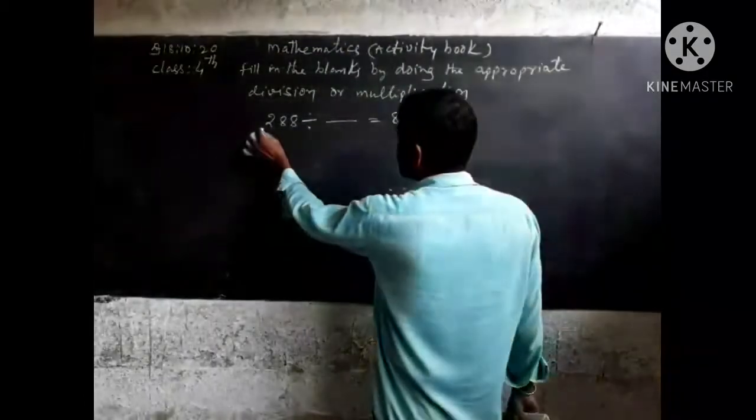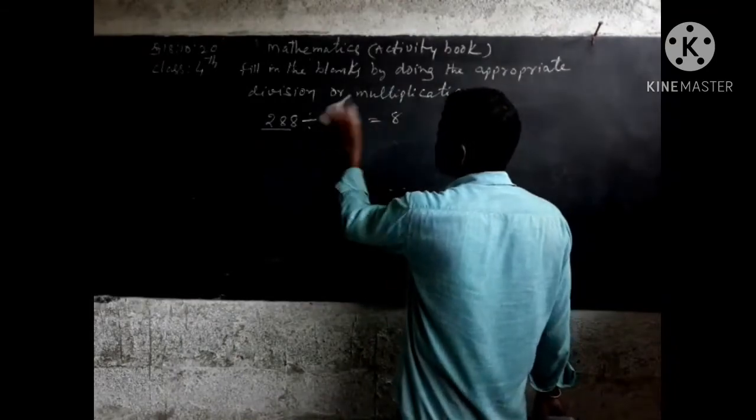Again, 288 is divided by 8, you can get this answer.